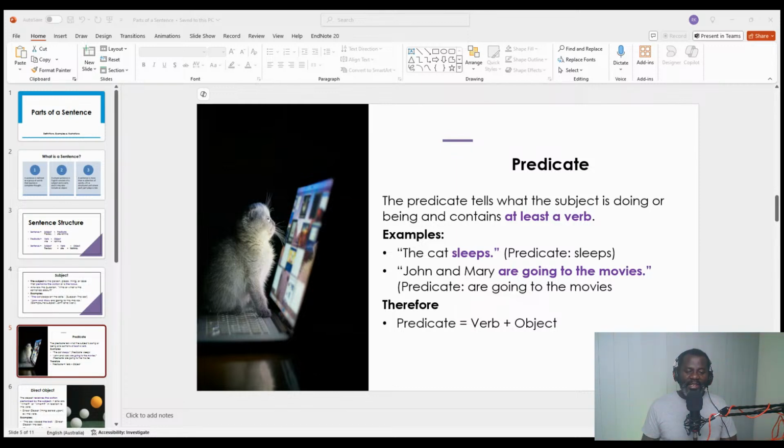A predicate describes the subject's action or state, and the object receives the action. The indirect object is to whom or for whom the action is done. A complement adds necessary details to the subject or to the object. Understanding these parts of a sentence and writing them correctly will help you write complete thoughts.